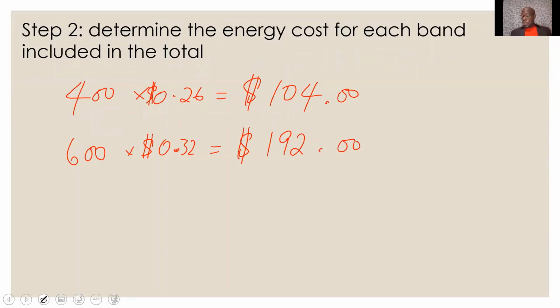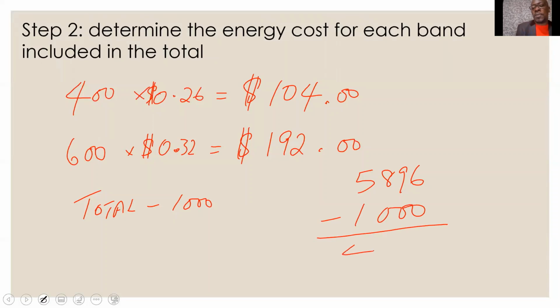So we have the first 1,000 kilowatt hours, but we now need to determine the cost for the kilowatt hours above this level. For the first 1,000, we have those costs. Above that, we have our total minus 1,000: 5,896 minus 1,000 gives us 4,896 kilowatt hours.